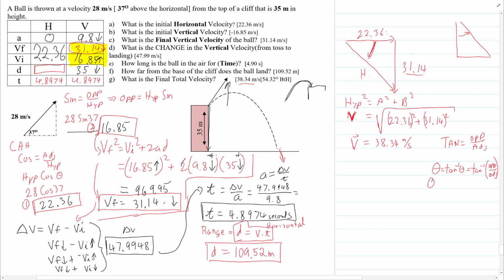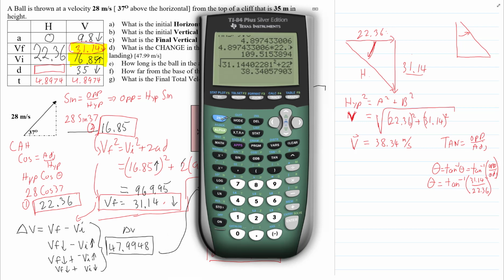So theta is going to be the inverse tan of opposite, 31.14, over the adjacent, 22.36. Inverse tan of the same two numbers we just did, but they're up here.